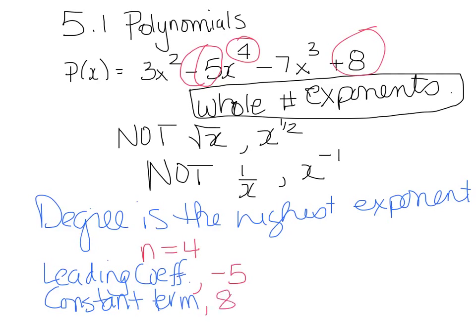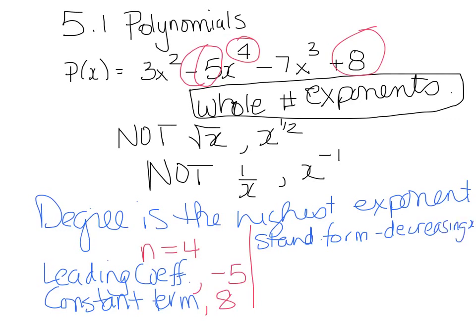Okay, and I also want to point out one thing. We have what's called a standard form. So maybe I can fit it on here. And actually, when things are in a standard form, it's a lot easier to find degree and leading coefficient. So a standard form, I'll point out, is decreasing powers of x.